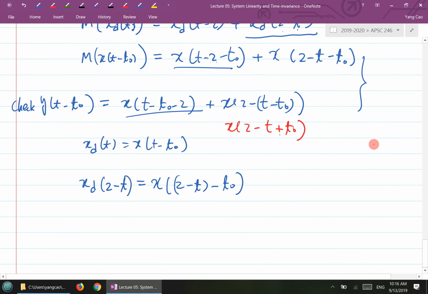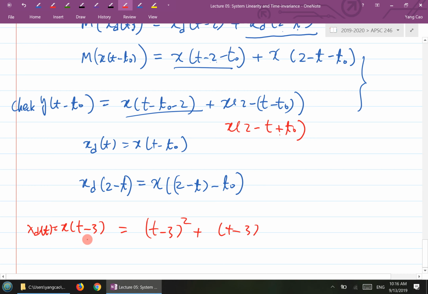So maybe I'll give you a concrete example here, okay? Let's suppose I have a system xd of t equal to x of t minus 3. So t minus 3 basically means I probably have a t minus 3 squared and t minus 3 like that.